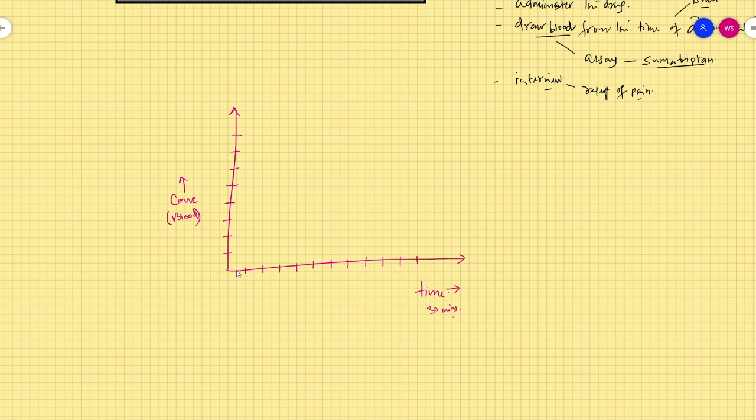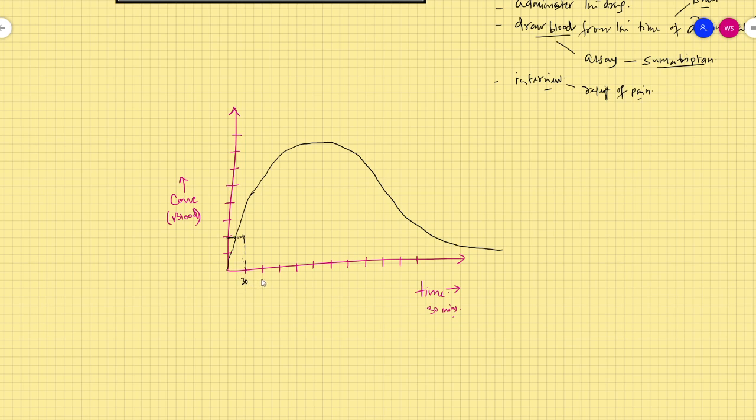Let's plot in what we obtained. Okay, so this is the graph that we obtained by plotting all the points. So maybe an hour. This is the concentration. Half an hour, that's the concentration.